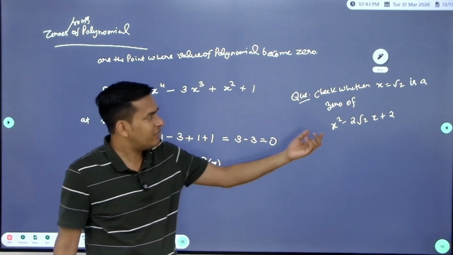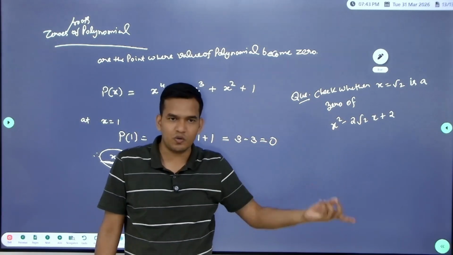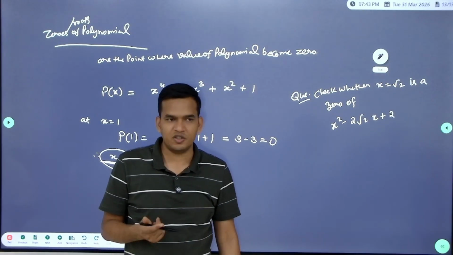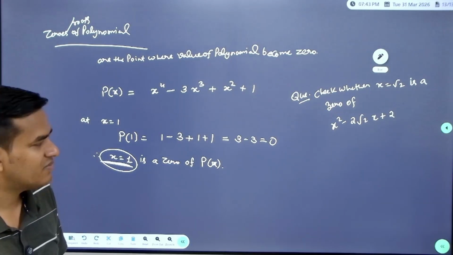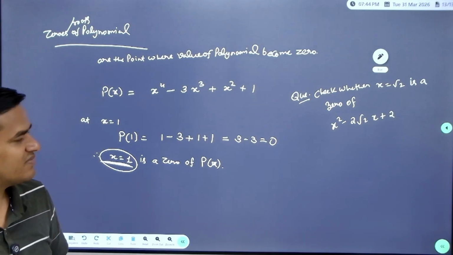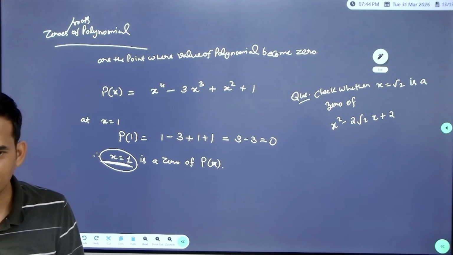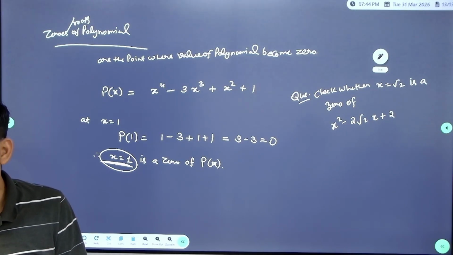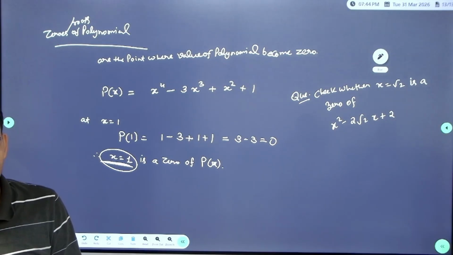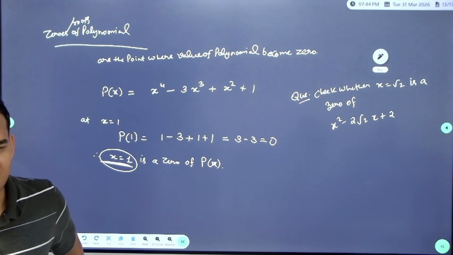We'll find the value of this polynomial at x equal to root 2. If the value is equal to 0, then it is a zero. Otherwise, it is not. Is it a zero or no? It is.